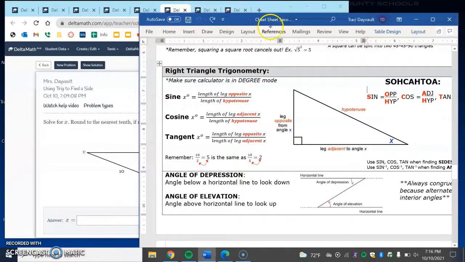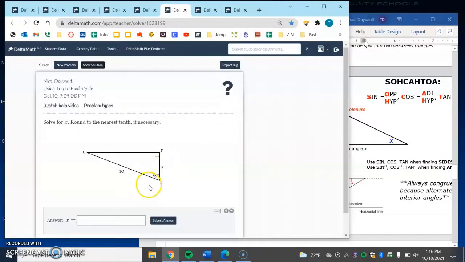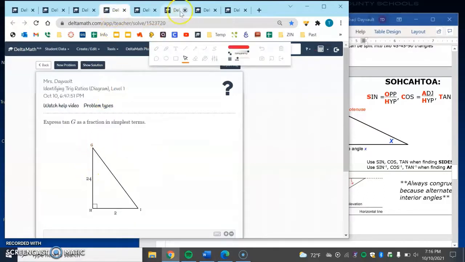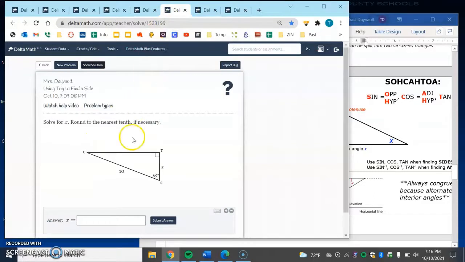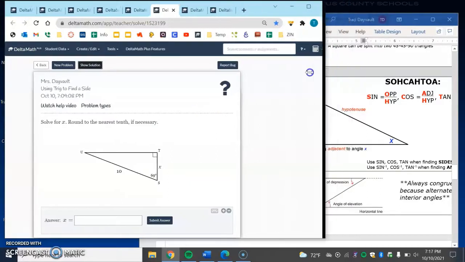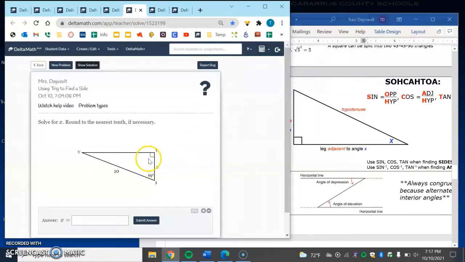The thing that's going to be different about these is they're going to actually give us an angle measure. Unlike the other ones we've done, they didn't give us an angle measure, but this does give us an angle measure. And that's going to be our reference angle for these types of questions, the one that has an angle measure. So this wants us to solve for x.